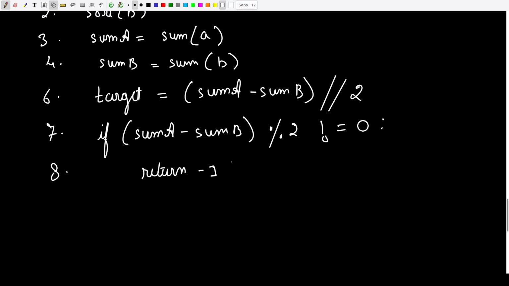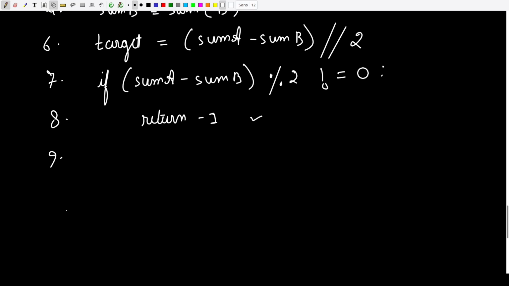This is because if sumA minus sumB is not an even number, then the target will be a fraction. And that fraction simply means that there doesn't exist a pair by swapping which we will be able to make the sums of arrays A and B equal, because of which we are returning -1.